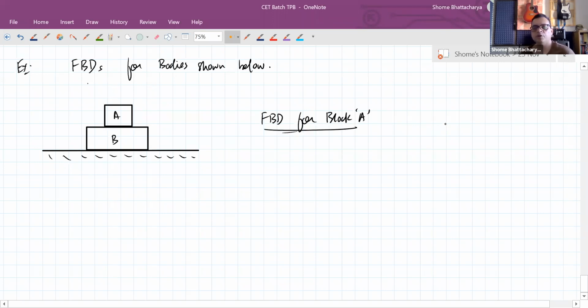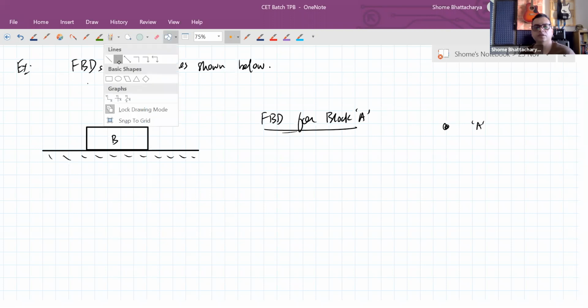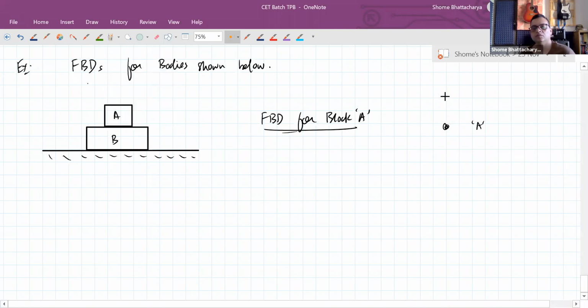We represent the block by a point mass, and on that point mass, we will show the two forces acting on it. One was a normal reaction applied by the block B on it, and the other was the weight of it, which was acting downwards.